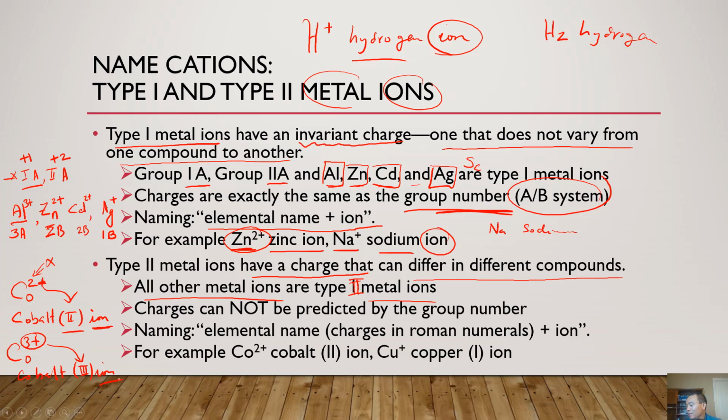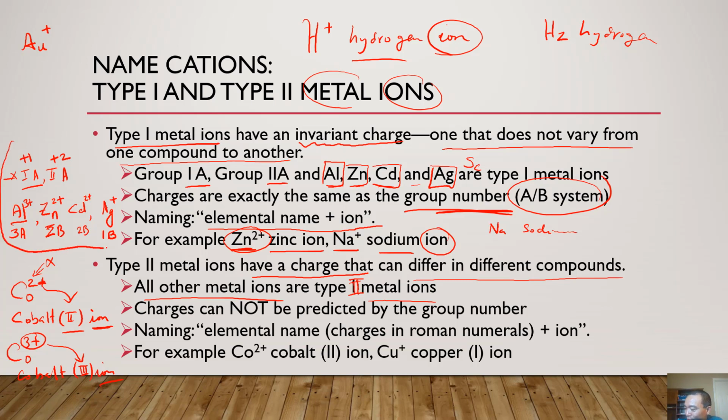All right, let me give you another example. If I give you something like Au, by the way, Au is gold, plus. Again, don't look at the charge. Hey, you look at, is this type 1?